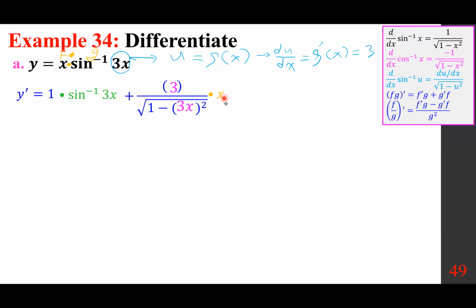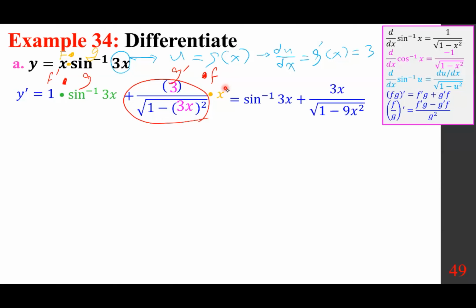You have to multiply it by x, right? Let me write this in this fashion. So this is f prime g. This is g prime f. And so let's put it at top. The top becomes therefore 3x for the second piece.